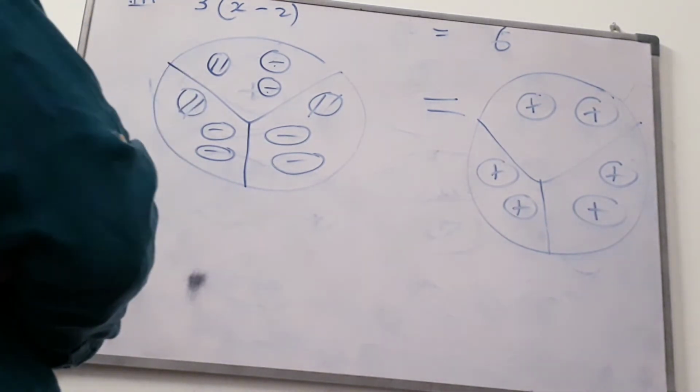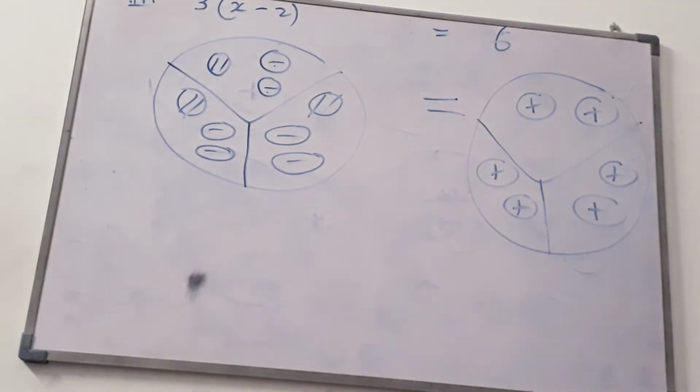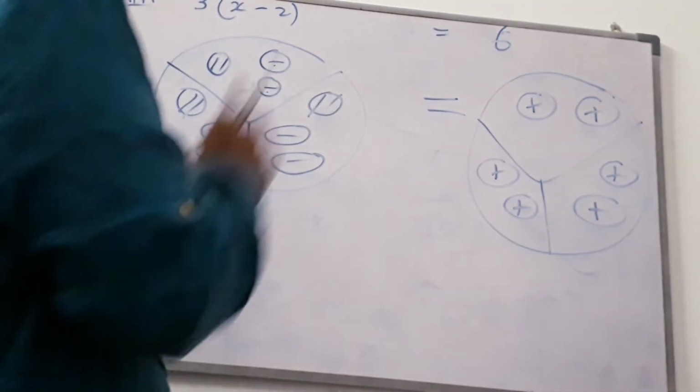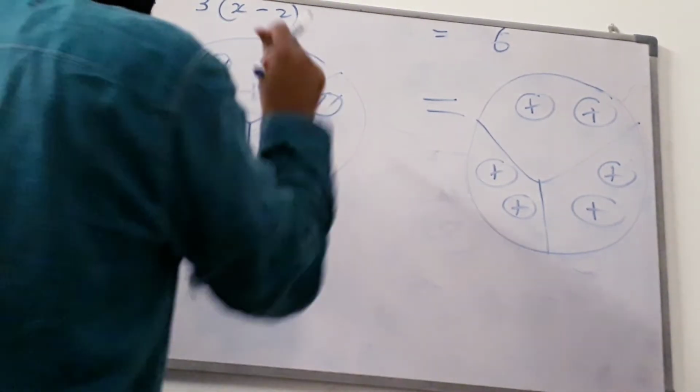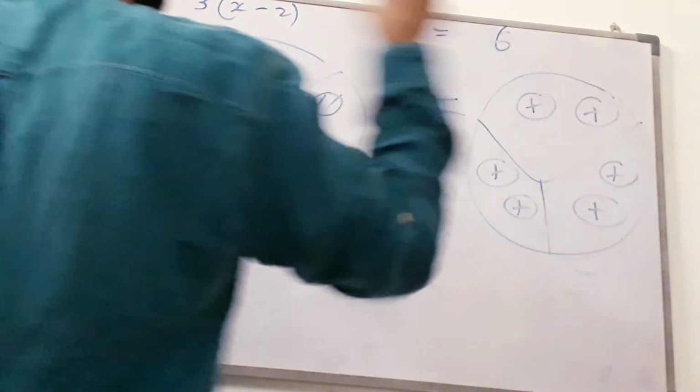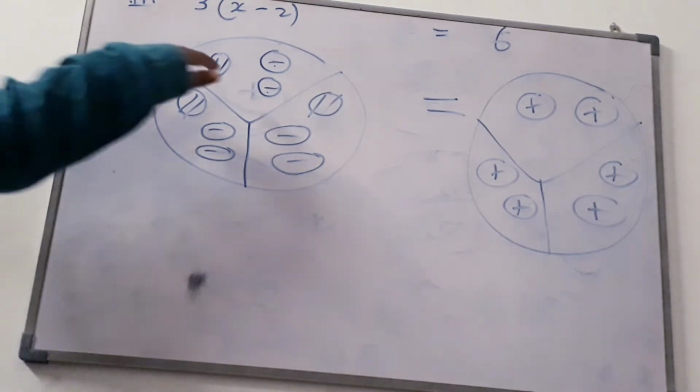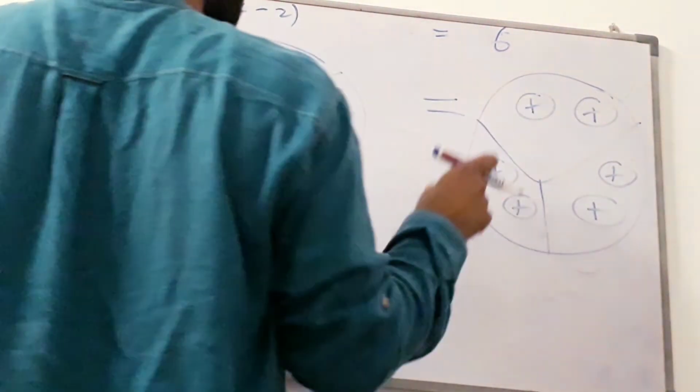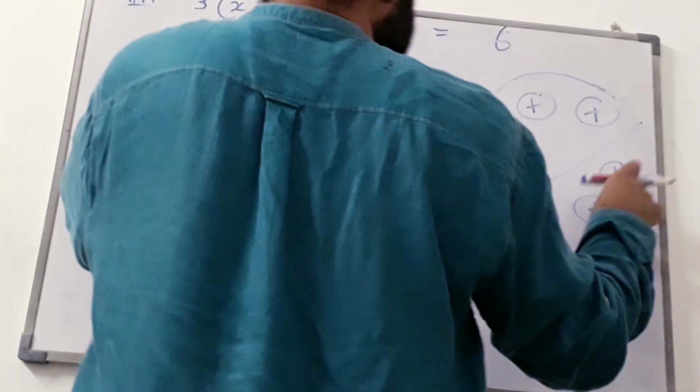Okay. Now what shall we do? Out of these 3 sectors, I thought of taking one sector because one sector represents a 2. This sector represents 2, this sector also represents 2, this sector also represents 2.